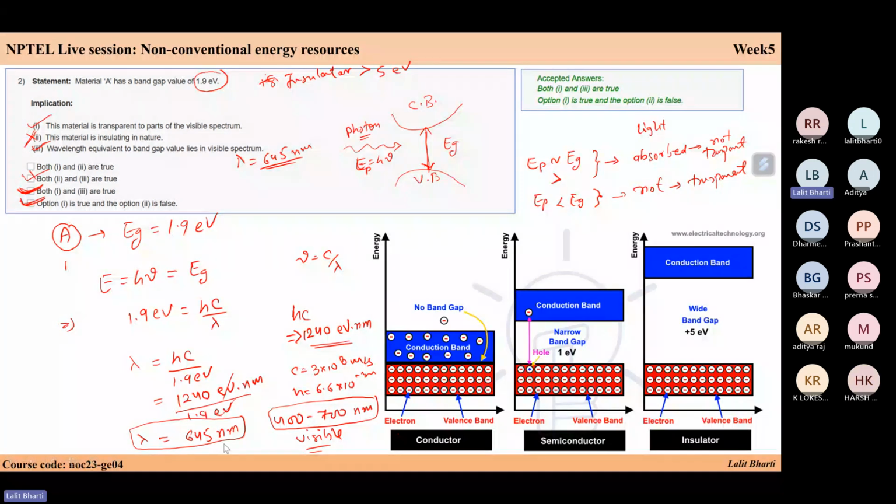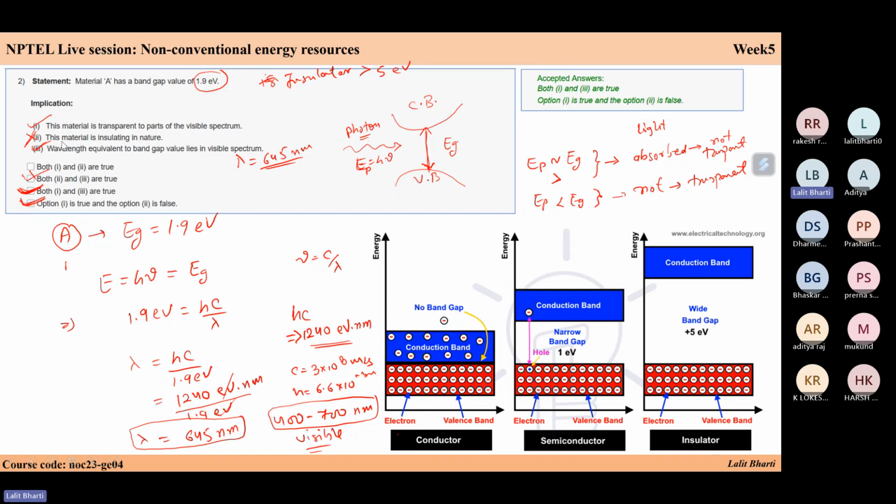Let's say, for example, the yellow color is for 645 nanometer. I'm not taking it exactly. So only the yellow color will be absorbed by the material. All the rest of the colors will be reflected, or just transmitted through the material. So statement 1 is correct, that the material is transparent to part of the spectrum.